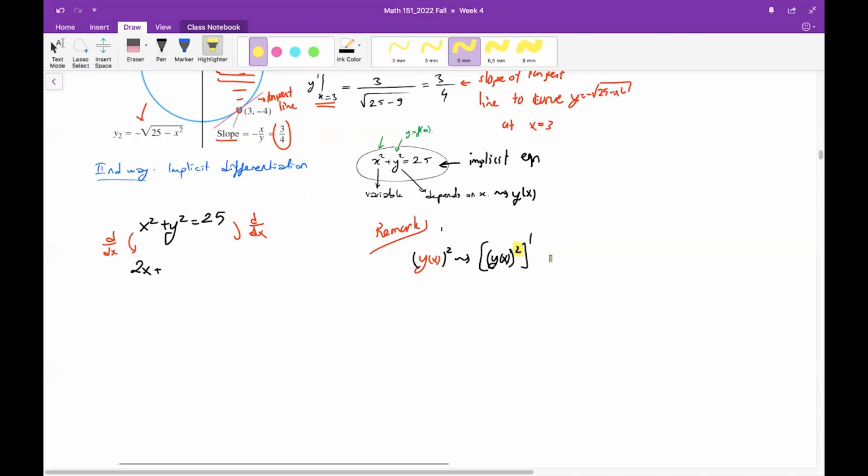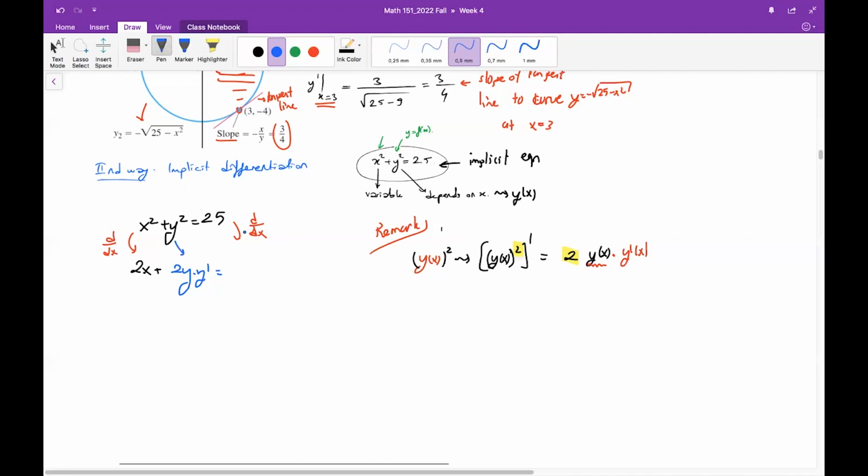According to the chain rule, you start with the outermost function as usual. So what should I write first? The power comes down, I subtract 1 from the power, then I should keep multiplying with the derivative of the inside function. So I should put this one here. You see, after taking the power down, you apply the chain rule to find its first derivative. That's why this term is differentiated as 2y prime.